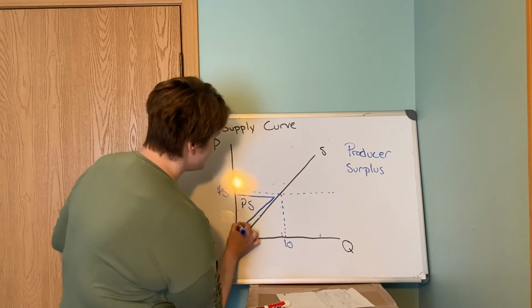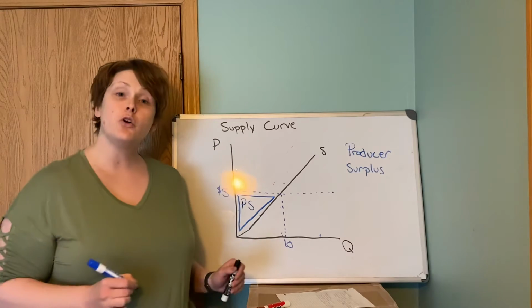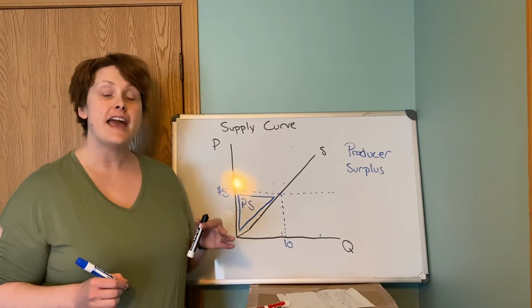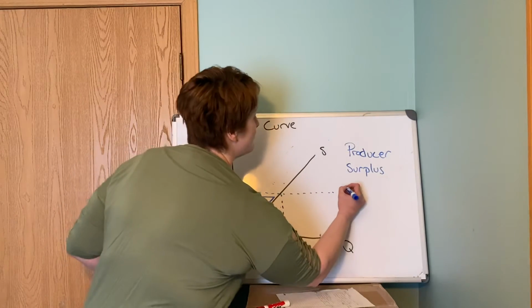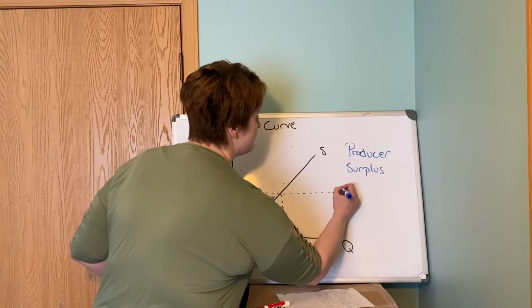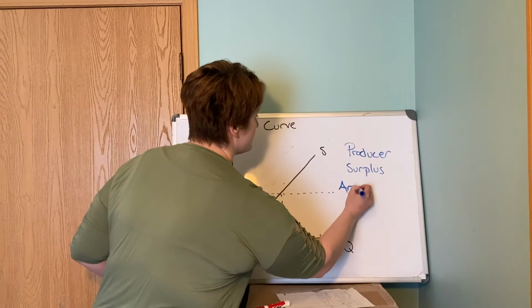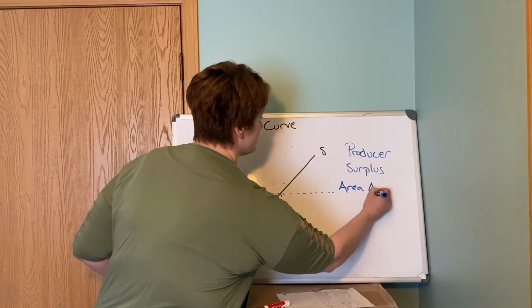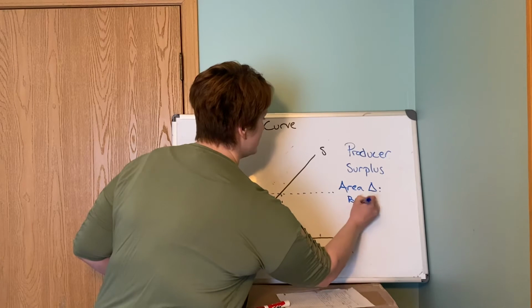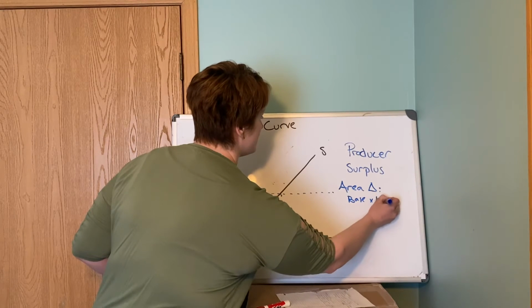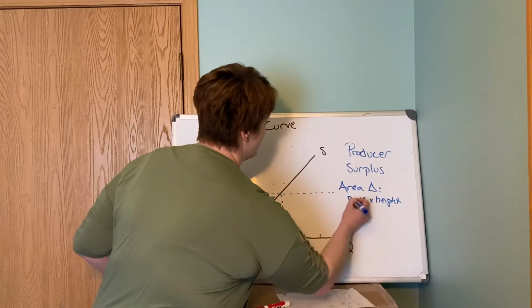represents our producer surplus. Again, going through with the calculation for the area of a triangle. Area of a triangle is 1/2 base times height, or base times height divided by 2.